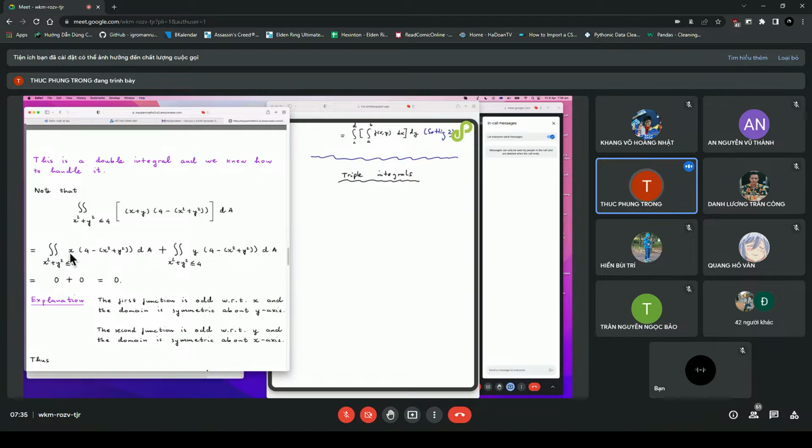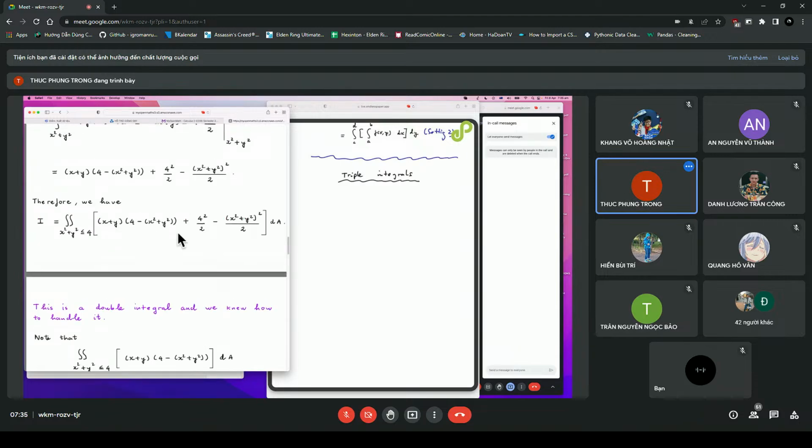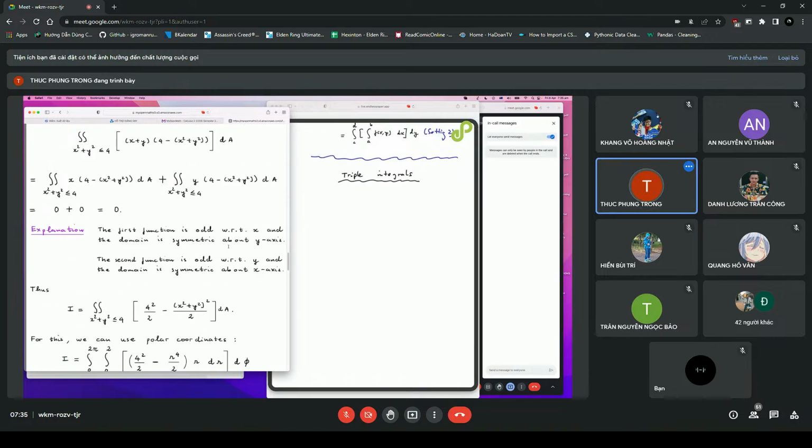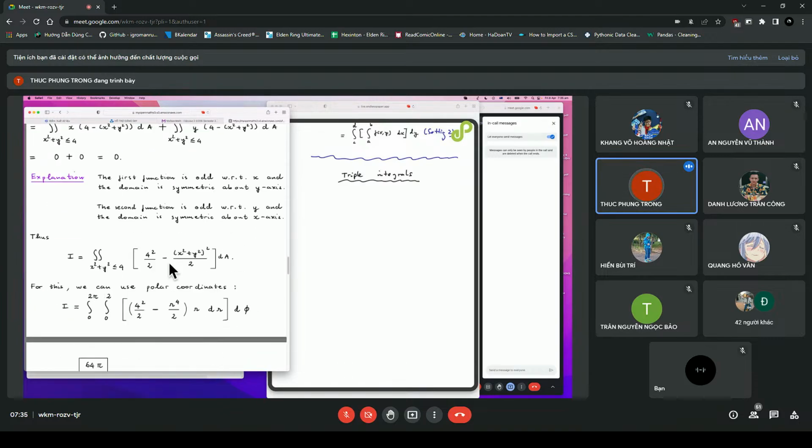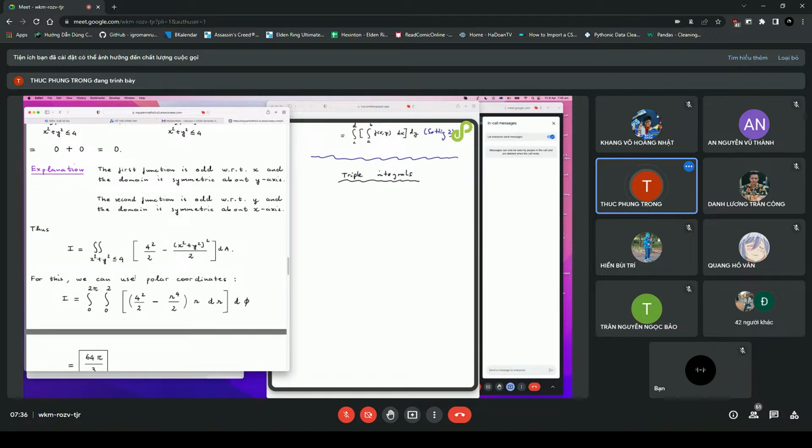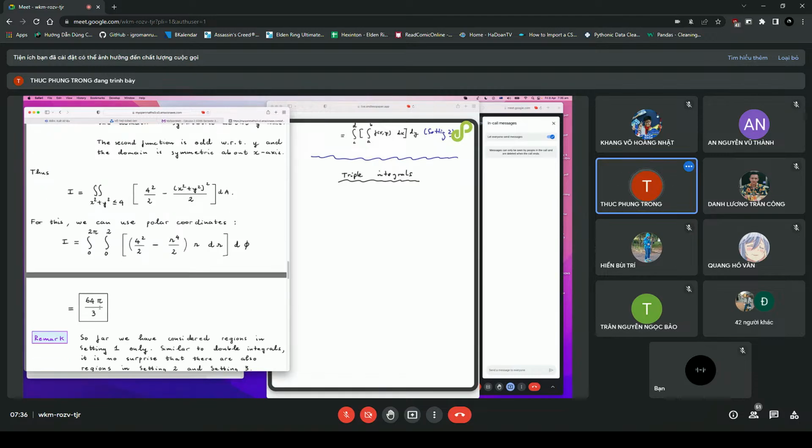And this one is also 0 because it's odd with respect to y, and the domain is symmetric about the Ox axis. Therefore, we save time a bit when we consider this. So we only need to focus on this one. So right here, we can continue with this one only. And using polar coordinates, we get the answer. So this is one example.